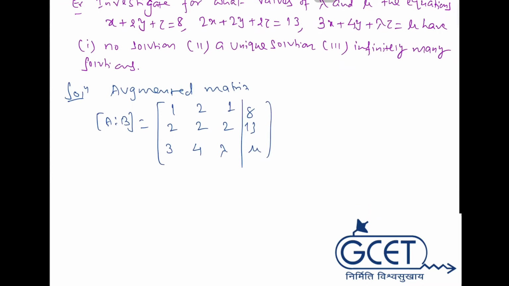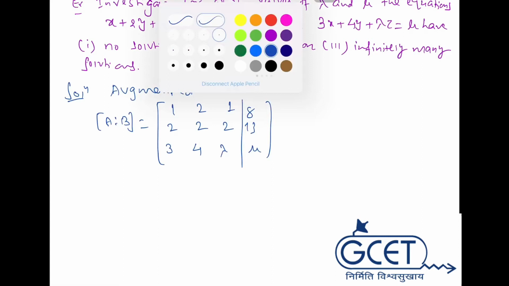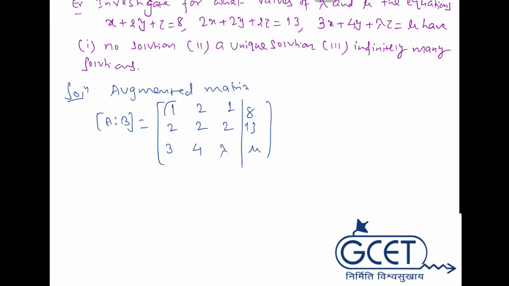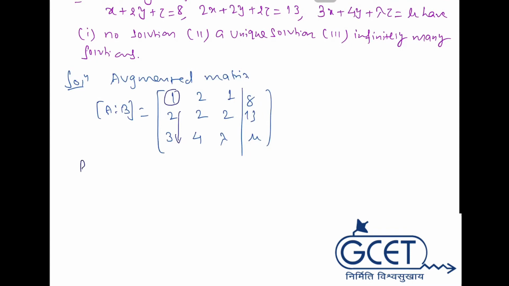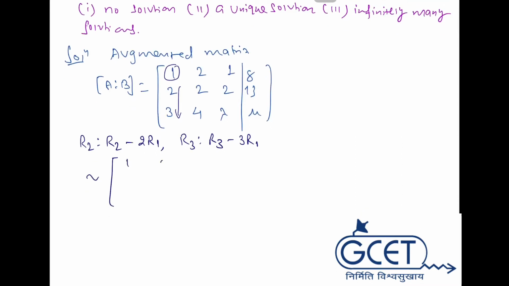Now by using this 1, we can make the entry below it to be 0. So R2 minus 2R1, R3 minus 3R1, and so we get 1, 2, 1, 8.